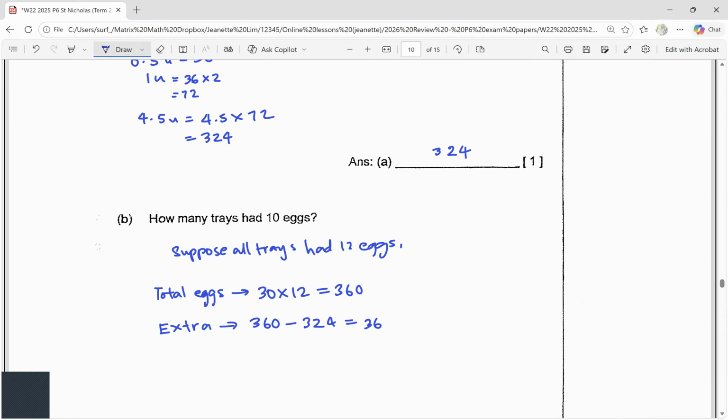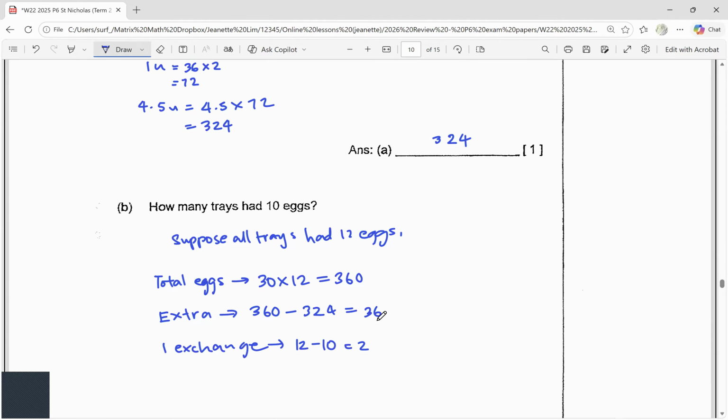Now what happens to this extra? It means that not all of them have 12 eggs. I'm going to exchange. So when I exchange from 10 to 12, I actually gain 2 more eggs. Sorry, not 10 to 12, 12 to 10, because I started with 12 eggs, right? So I'm exchanging from 12 to 10. I lose 2 eggs. I need to lose 36 eggs.